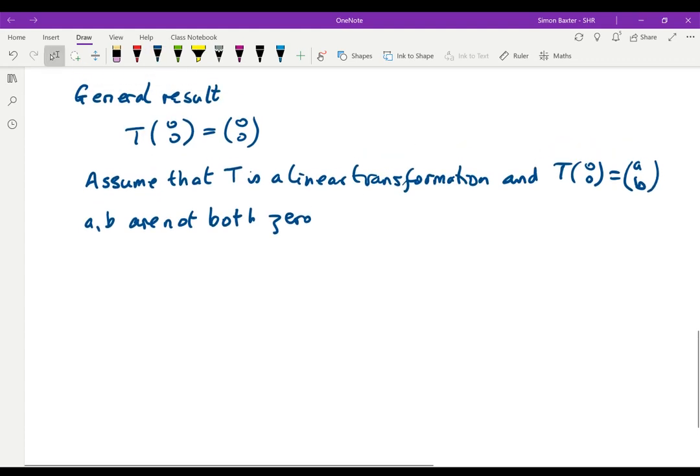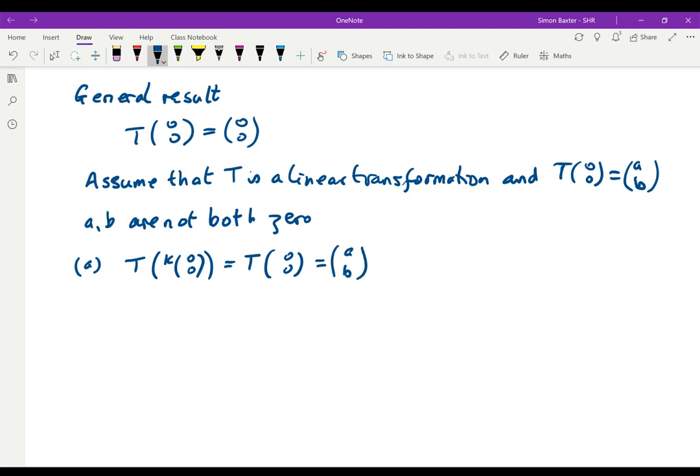Let's look at condition A. T of k times (0, 0) is equal to T of, well, k times (0, 0) is (0, 0), and that therefore is (a, b). Let's look at k T of (0, 0). That is k times (a, b), which is (ka, kb).